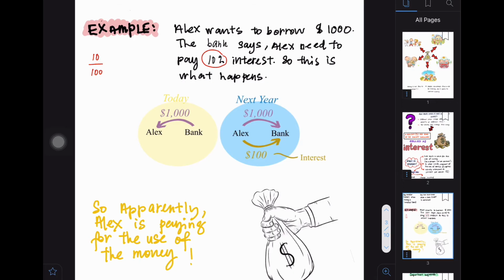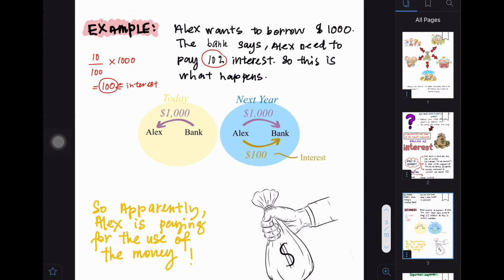So 10 over 100 you times with 1,000. You can calculate by using a calculator. You will get the value 100, which means that 100 is the cost Alex needs to pay the bank because he borrowed the money. So this cost we call it as interest.